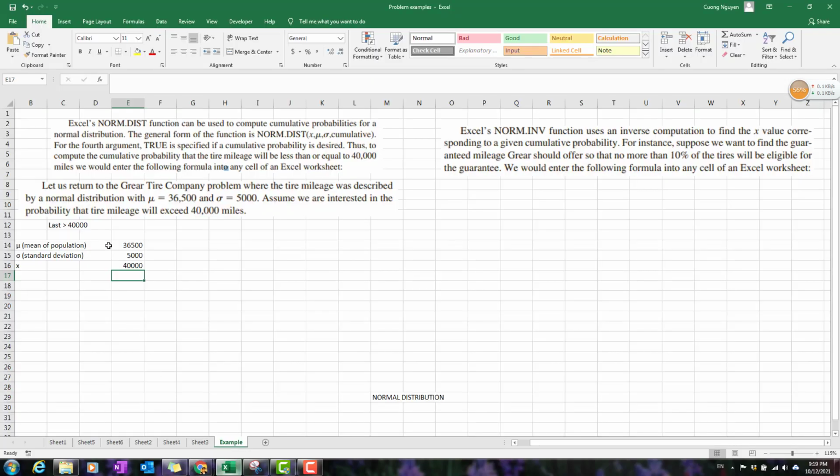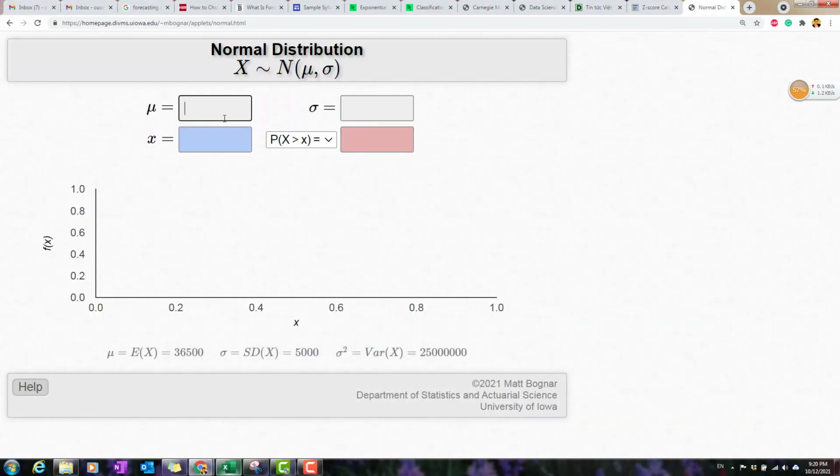Based on what they provided, the mean would be 36,500, the standard deviation 5,000, and x is the critical value, the important value that we want to consider. So we put in the mean value, 36,500.